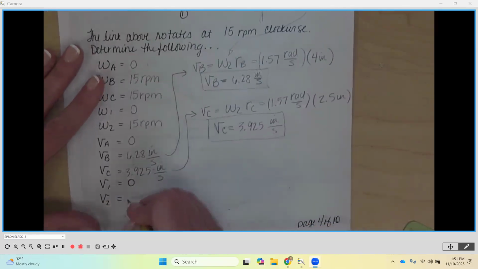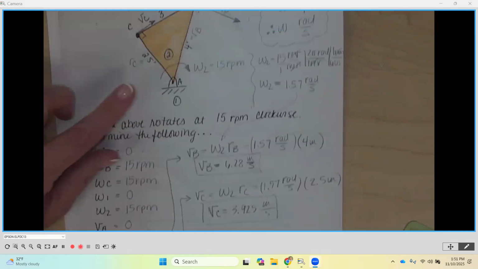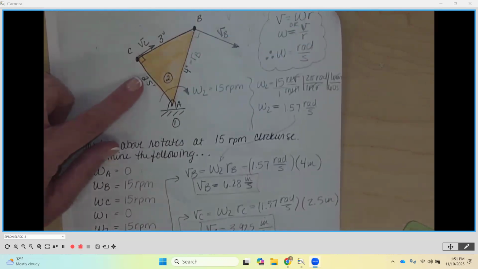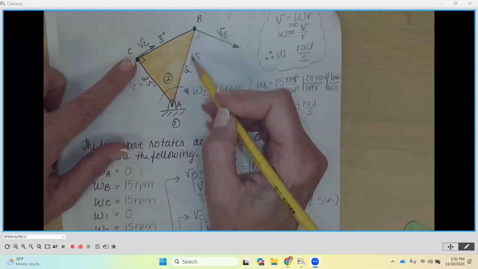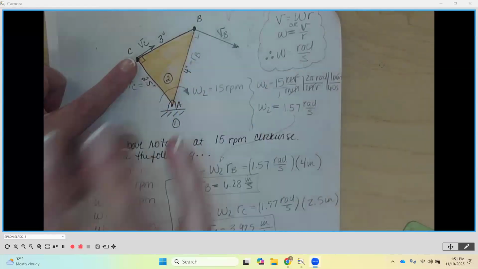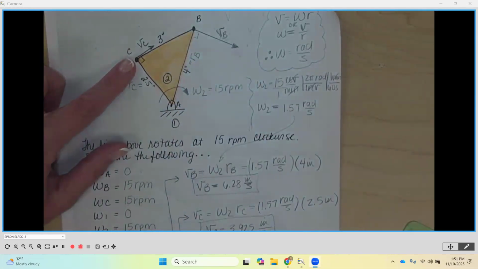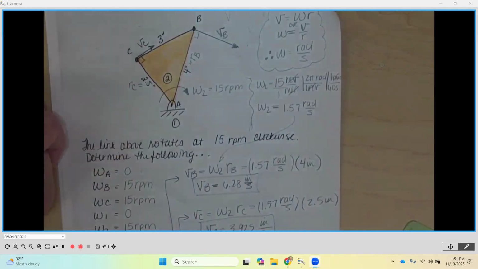So we're going to put NA, non-applicable. But points on a link, B, C, A, or maybe in between points, those would have a straight line velocity component, not the link itself. The link is rotating. It only has angular velocity.